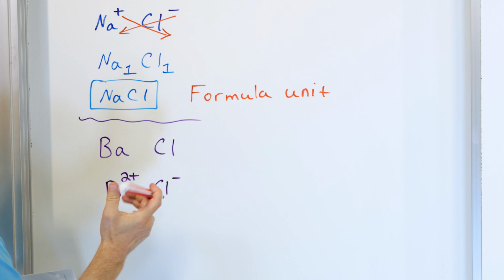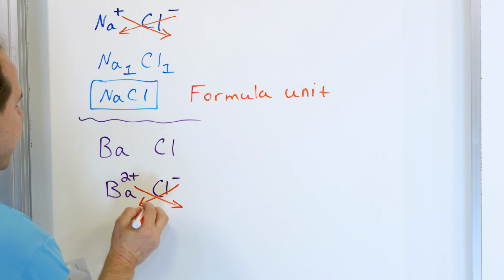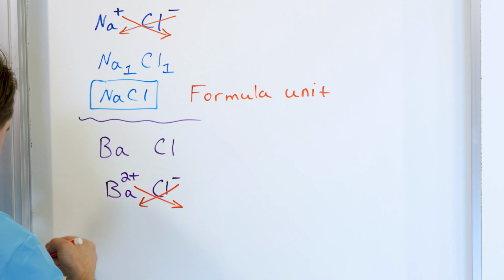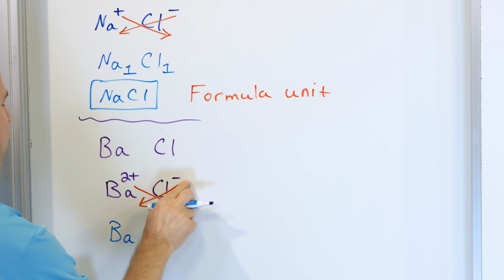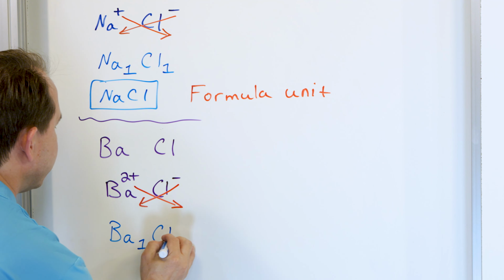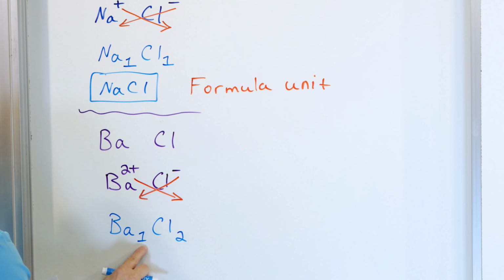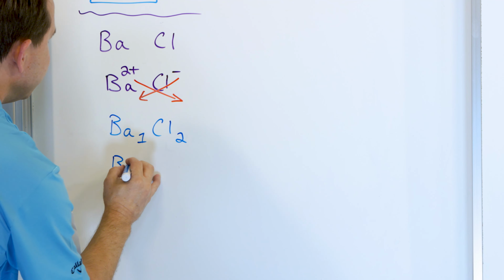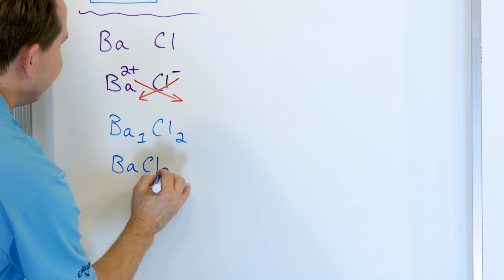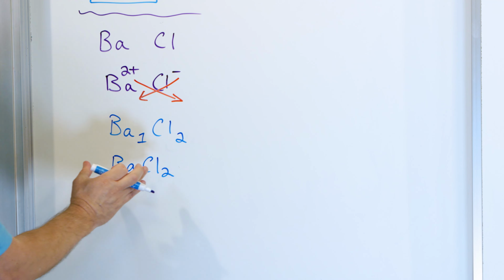So what you do is a crisscross down here: this 2 goes down here, and the 1 goes down here, and what you'll be left with is barium has a subscript of 1, and chlorine has a subscript of 2. I said coefficient, I meant subscript. You just drop the 1. So BaCl2 is the answer for this formula unit.